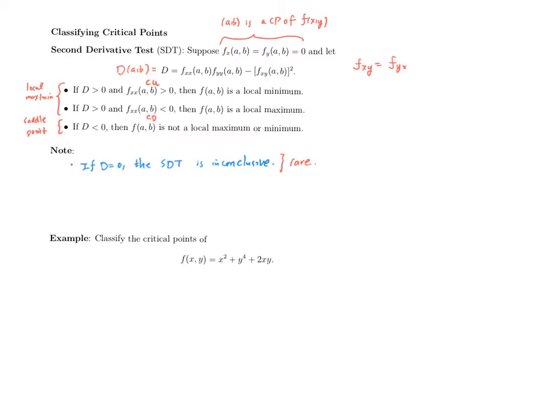One other thing I wanted to note before diving into an example is sometimes there can be difficulty associated with remembering the formula for D, and one way we can remember it is as a 2 by 2 determinant. So I'm going to think x, y, and you'll see why in a moment. And going across the x row, that's going to tell me the first partial derivative I calculate.